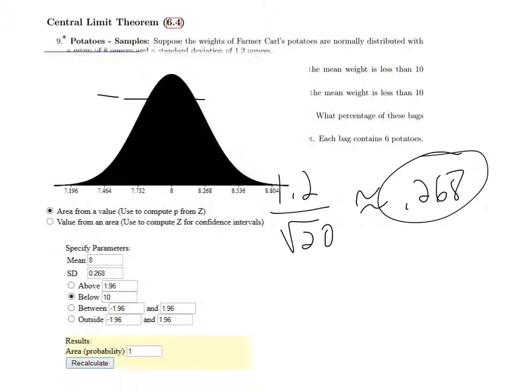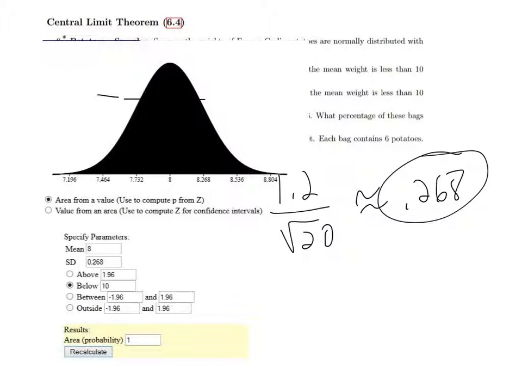So I used my applet. I said, okay, the mean was 8, with that smaller standard deviation, and 10 is way off the chart compared to 8. So the probability is practically 1. It's very unlikely any of my potatoes are going to weigh more than 10 if 8 is the mean.